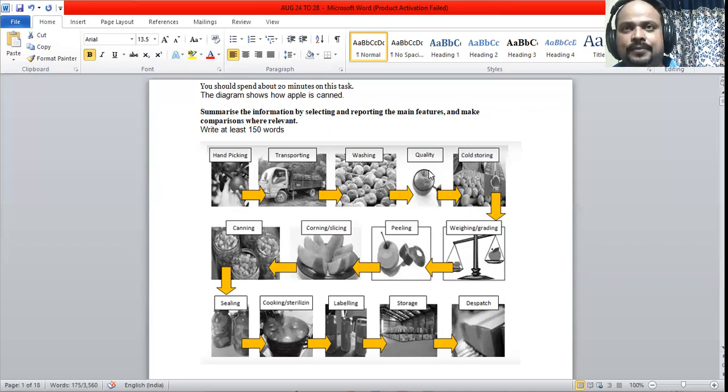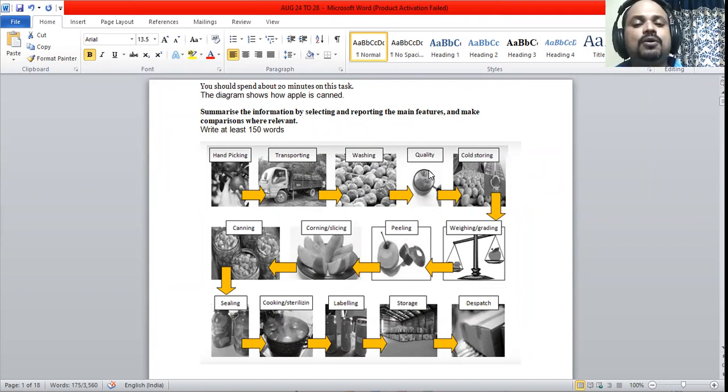Sequential words. I told you that this particular task is to be written in simple present tense, and as this is an artificial process, you are not supposed to write this in active voice. You are supposed to write this in passive voice, because you have no subject here. You have no idea who is picking the apple, who is transporting the apple, who is washing the apple, who is checking the quality, who is storing it in the cold storage.